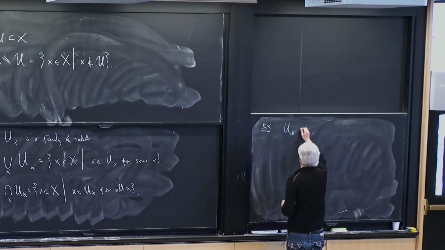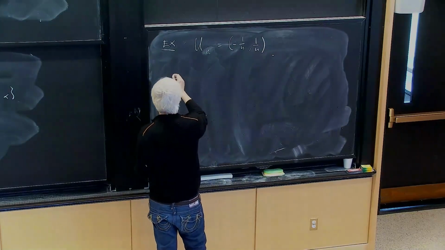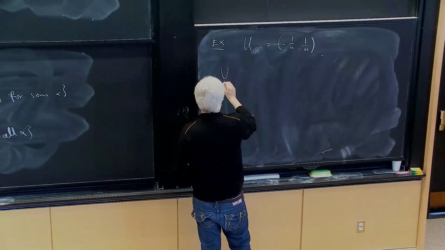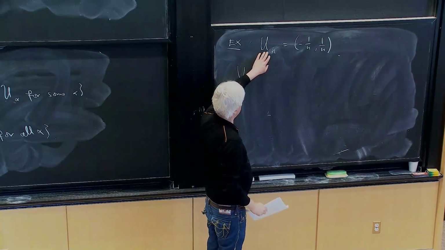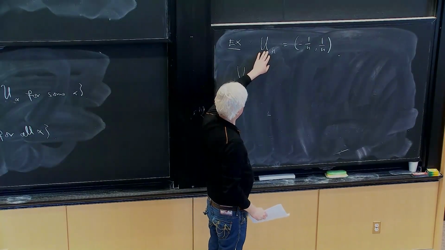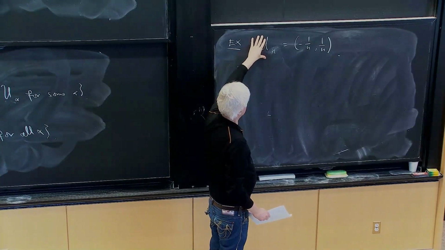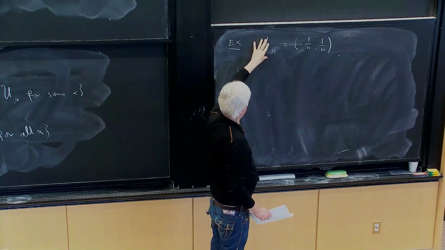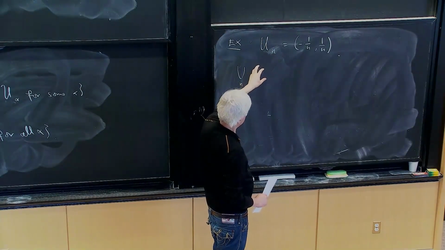This thing here is going to be minus 1 over n to 1 over n. This is a sequence of open sets, for each n you have an open set, but as n gets larger, they get smaller.